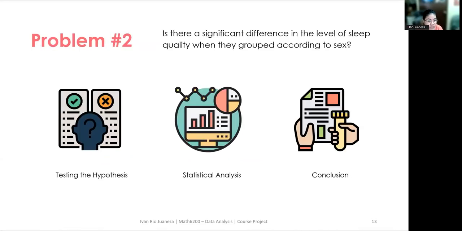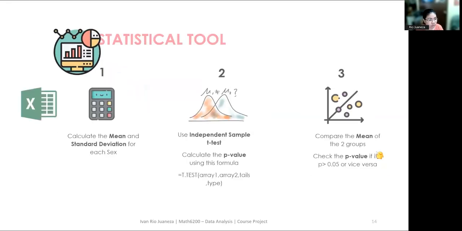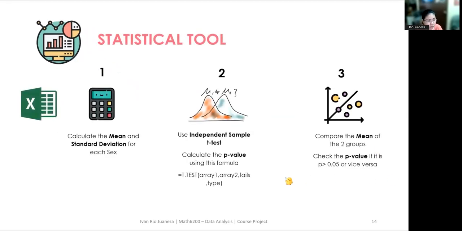For the next procedure, we will use a statistical tool called the independent sample t-test. This test is appropriate for comparing the means of two independent groups, in this case, comparing the sleep quality scores of males and females. So the first step is to calculate the mean and the standard deviation for each sex.